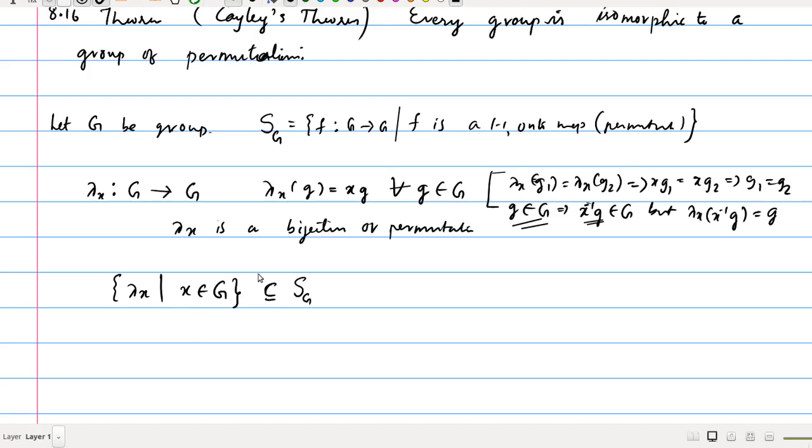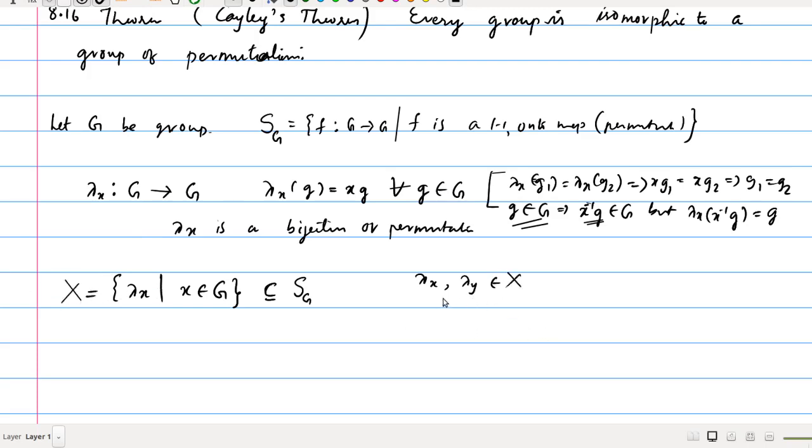How will you prove this is a subgroup? First of all, we have to evaluate the closure property. We choose two elements, lambda x comma lambda y belongs to the subset. In the textbook I think there is no name for this set, so I put it as some capital X.